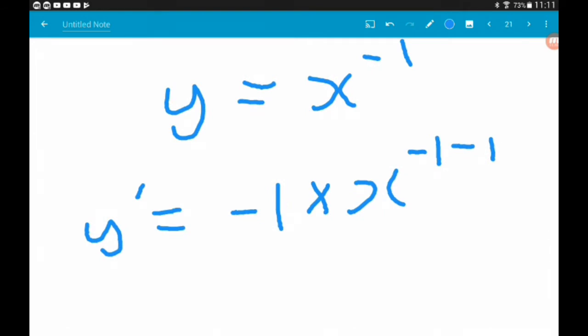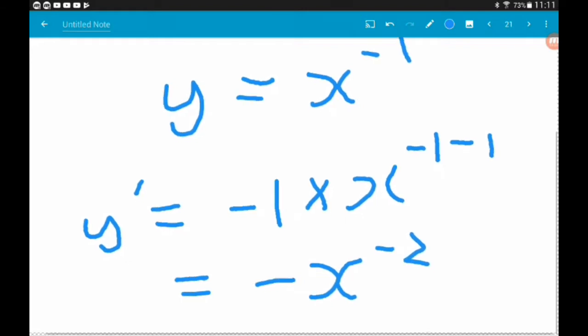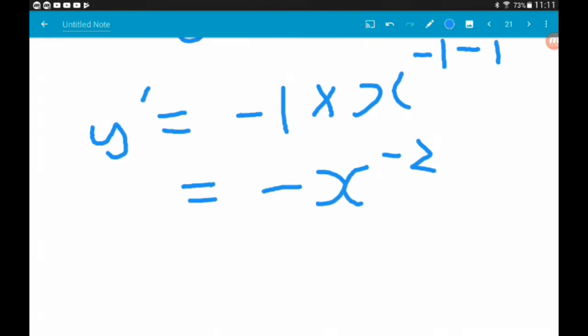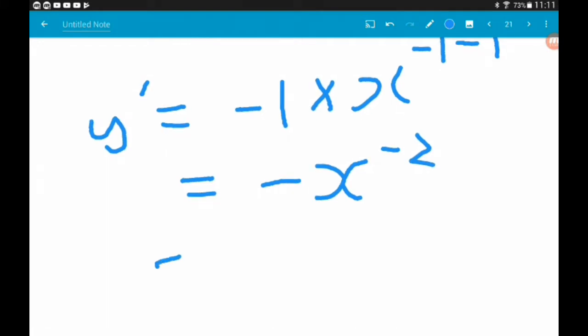So we're going to get here minus x to the minus 2, like that. Now, that's it written as a negative power. We can write it again as a fraction. So x to the minus 2 means 1 over x squared. So this is equal to minus 1 over x squared.